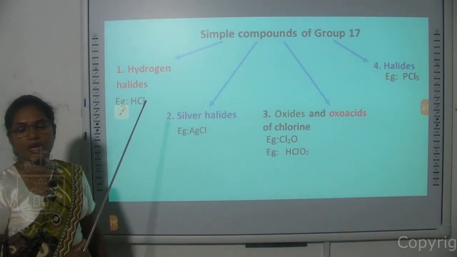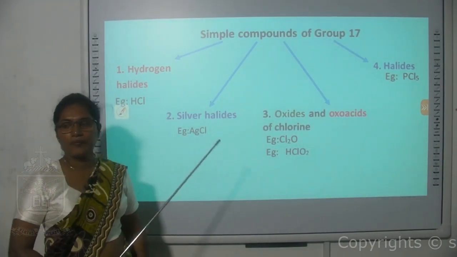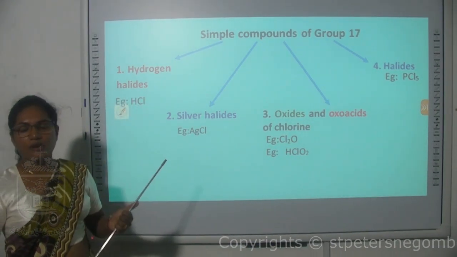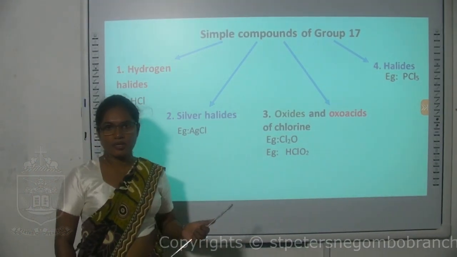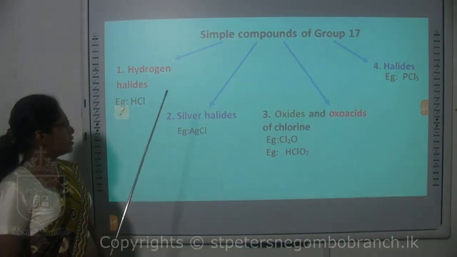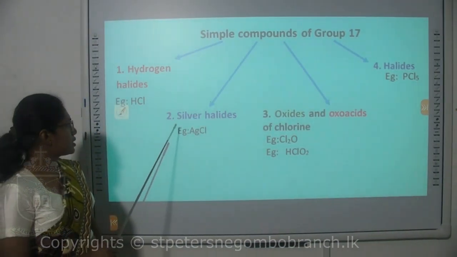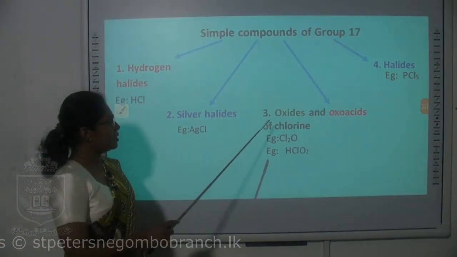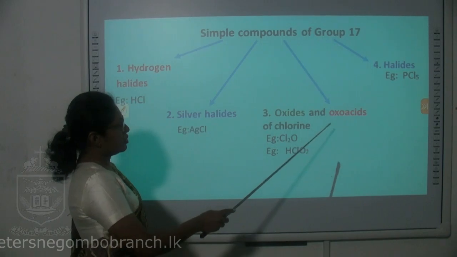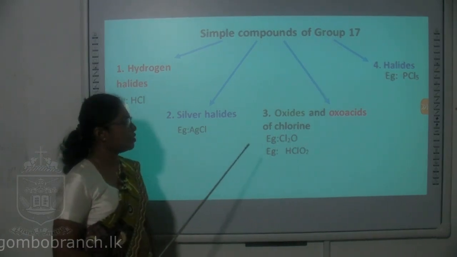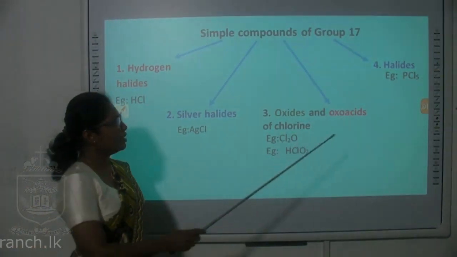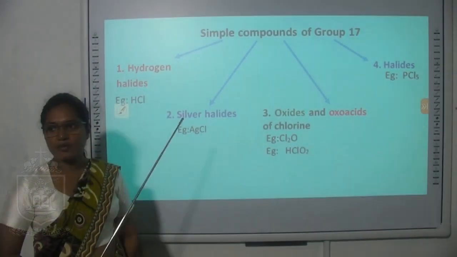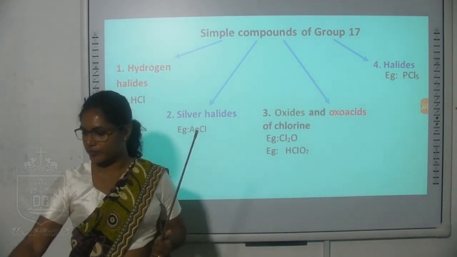It is a hydrogen halide of group 17, and HBr, HI, all are hydrogen halides of group 17. Then we have to consider the silver halides of group 17. After that, oxides and oxo acids of chlorine. Then at last, we are going to discuss the halides of group 17.